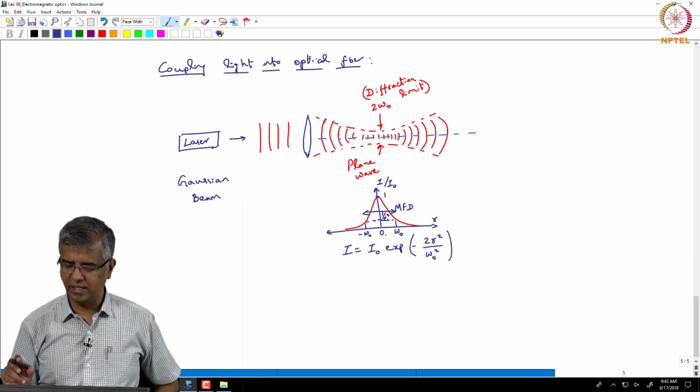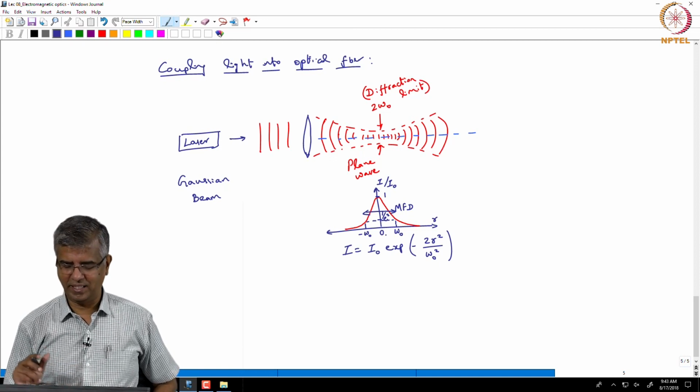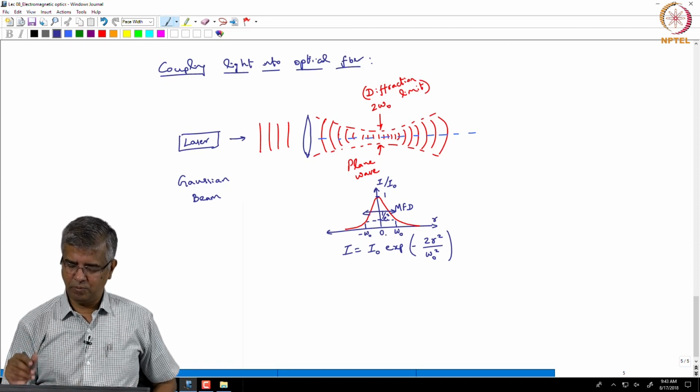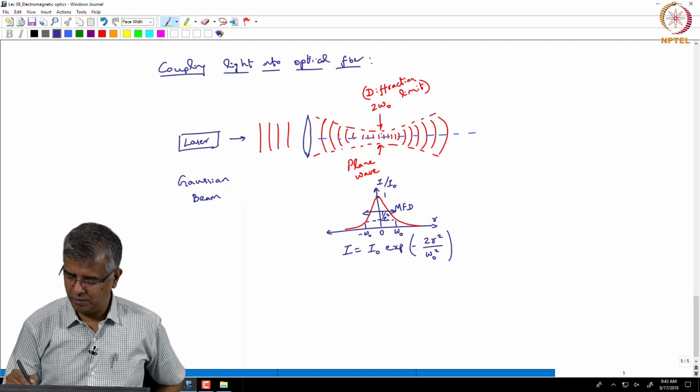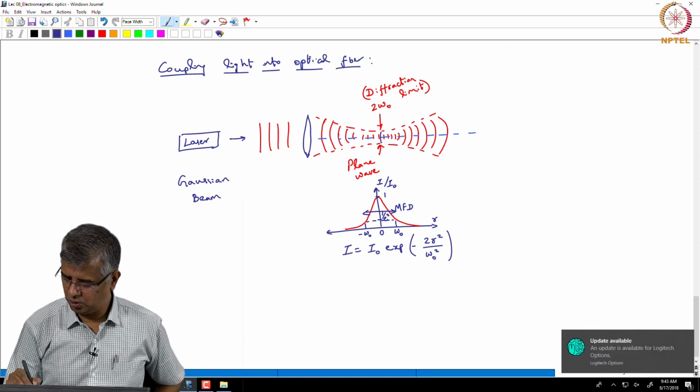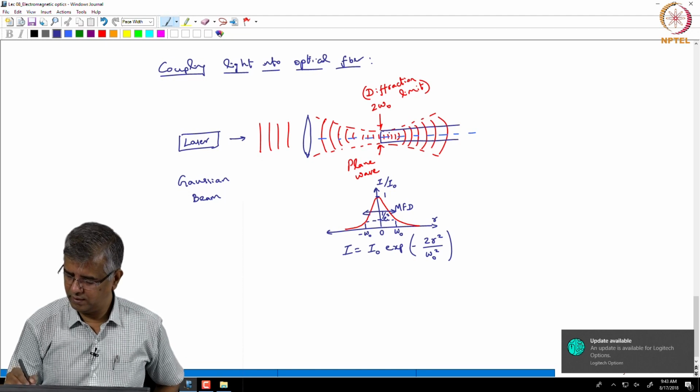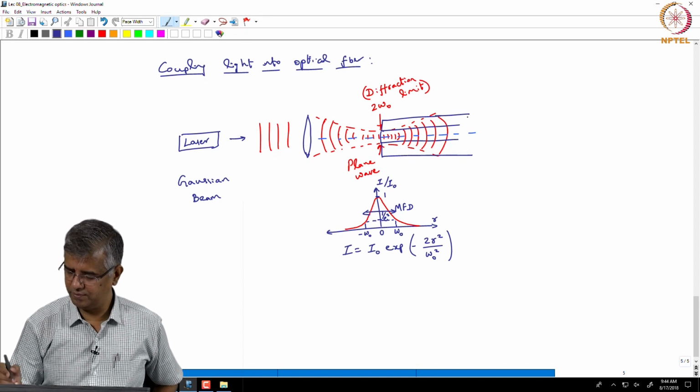I said mode field diameter, but okay, let's just take it as the Gaussian diameter, because when I am defining an optical fiber, I am defining it such that the core region is like this, the cladding would be somewhere like this, right.